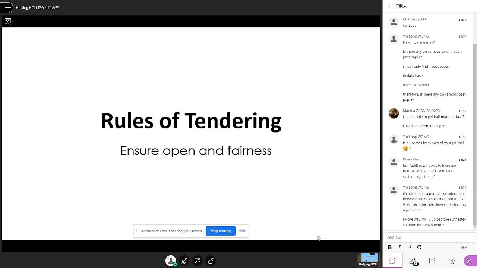My suggestion for answering the questions is, first of all, be logical. You need to develop the logic, and the logic should be based on the slides, because the slides I taught in class are usually very logical, like processes and different types of approaches, etc. So be logical. And second, be elaborative.